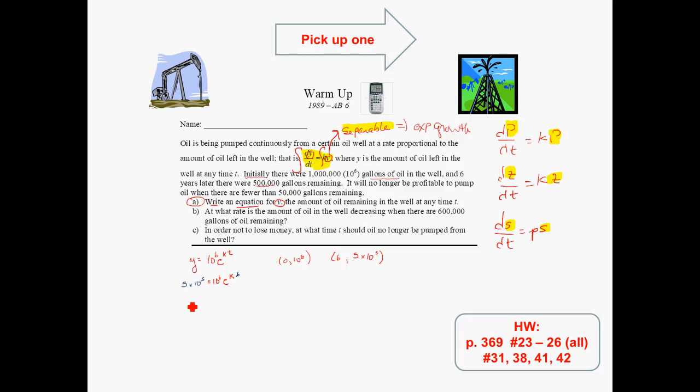So dividing both sides by 10 to the 6th. e to the 6th times k, right? 10 to the 5th over 10 to the 6th simplifies to just 5 over 10 to the 1st, and of course that's just 1/2. How do you get a variable down out of exponential land? Naturally.